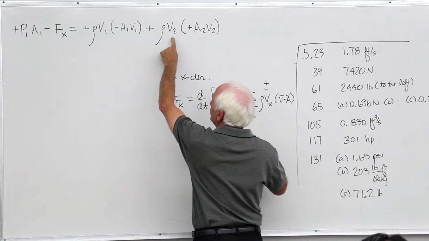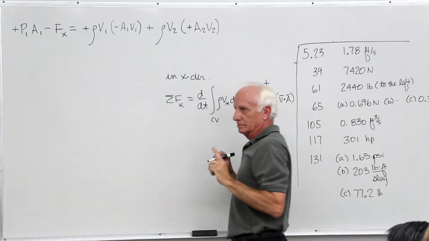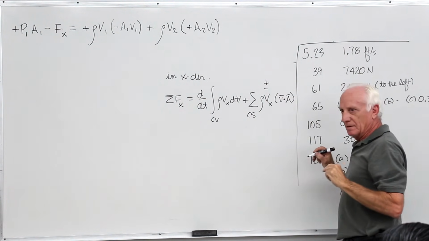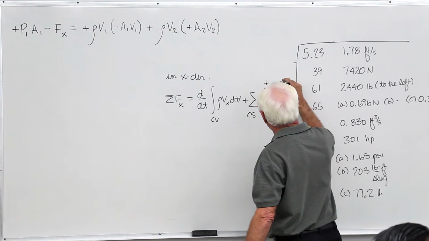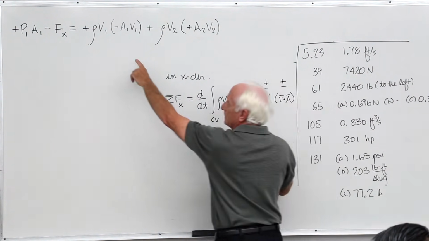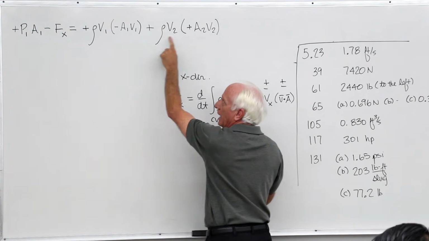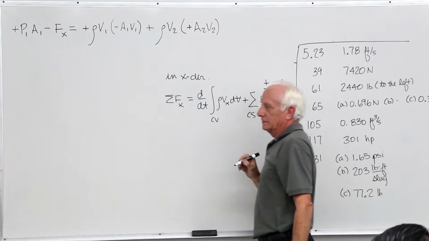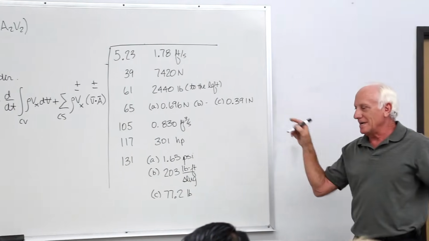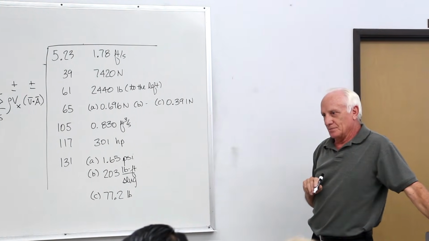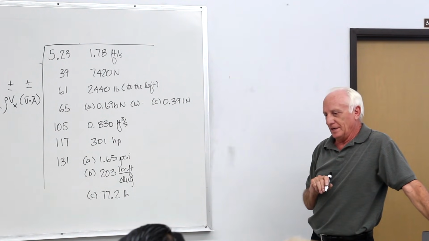At location 2, it was positive v2. Now comes the second sign, v dot a. It can be positive or negative. It was positive at the exit and negative at the inlet. So you always want to check two signs when you tackle that term. That's where you do your bookkeeping incorrectly and you get the wrong answer.